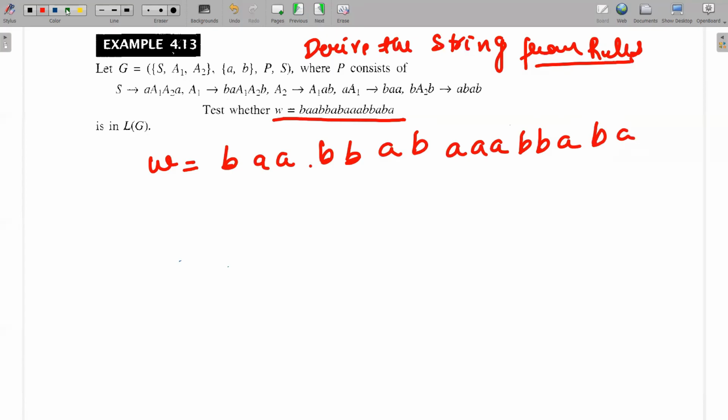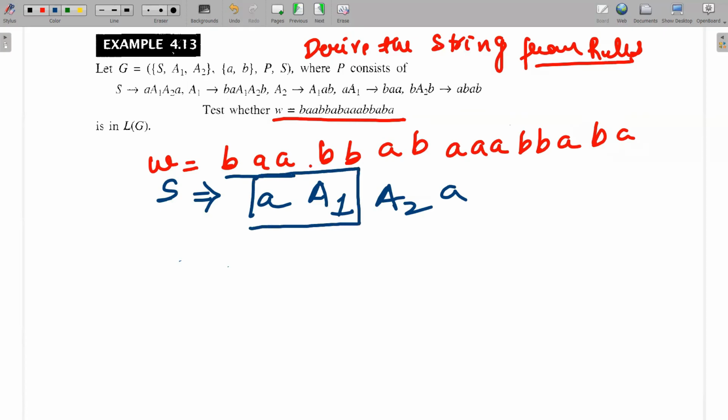Obviously, you have to start from a particular starting rule. The starting rule is clearly telling us that it is A1, A2, A. Clearly, I'm not starting with A. So I have to use the rule that gives me BAA at the start. So we have one rule, which is AA1 deriving BAA. So I'm writing BAA over here with A2A.